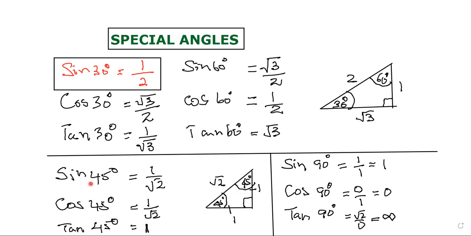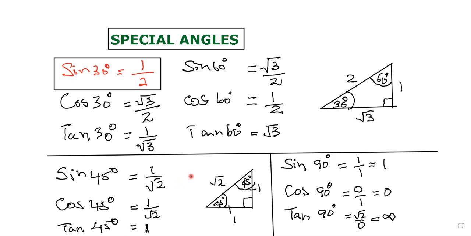Then sine 45, opposite 1 over hypotenuse root 2. Cos 45, adjacent 1 over hypotenuse root 2. Tan 45, opposite 1 over adjacent 1, 1 over 1 is 1.